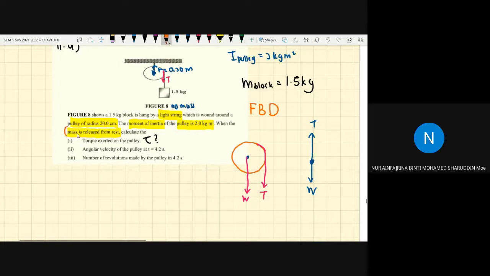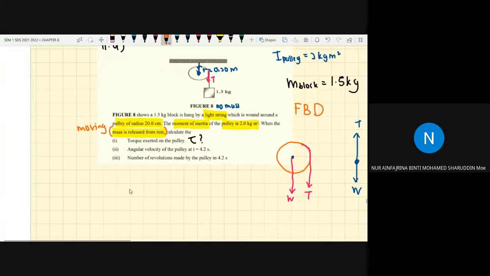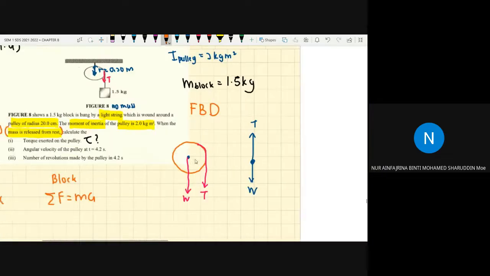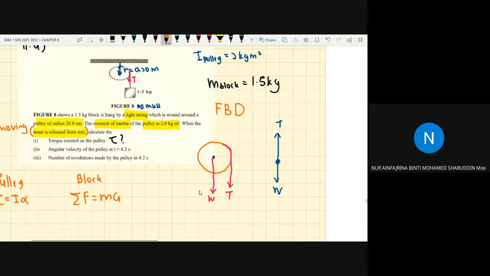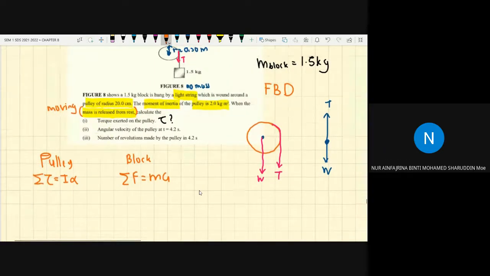So bila dia tengah moving, untuk pulley kita tahu summation of torque equals to I alpha, manakala untuk block dia adalah summation of force equals to ma. Sebab dekat block tak ada torque. Yang ada torque hanyalah dekat pulley sebab rotational motion.